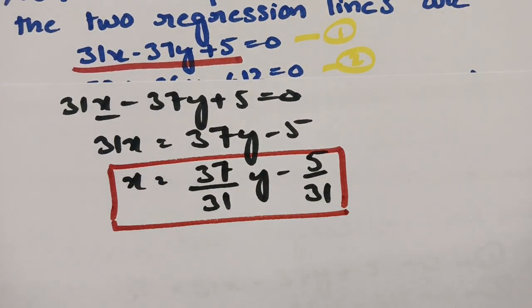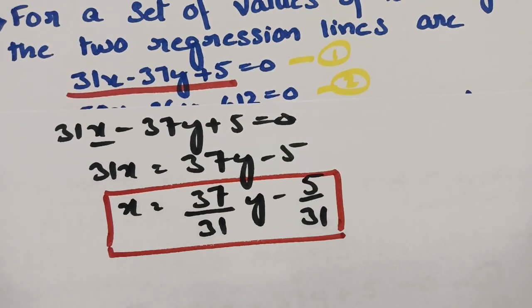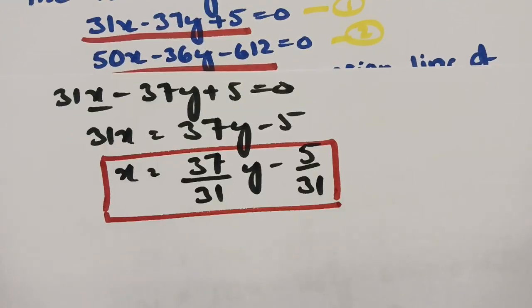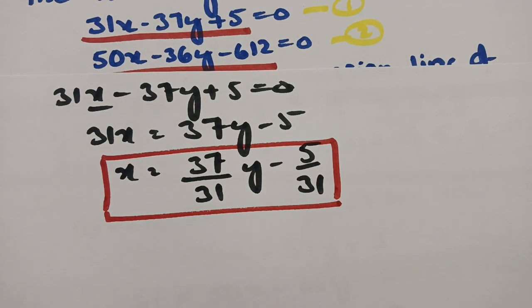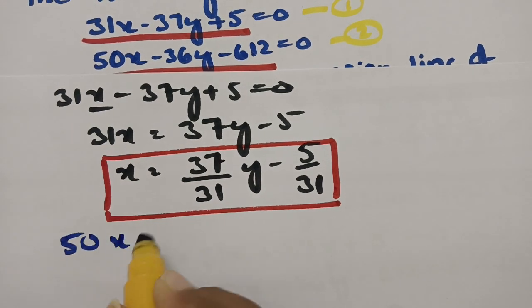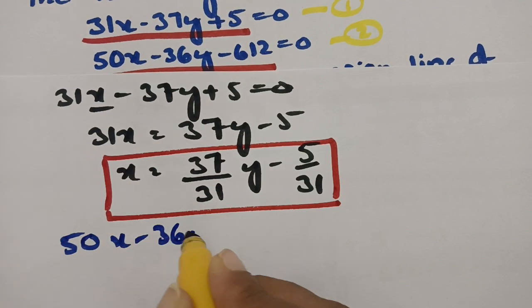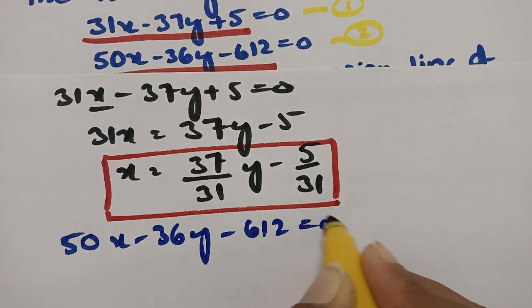And the second equation here, what is the second equation? That is 50x minus 36y minus 612 is equal to 0.